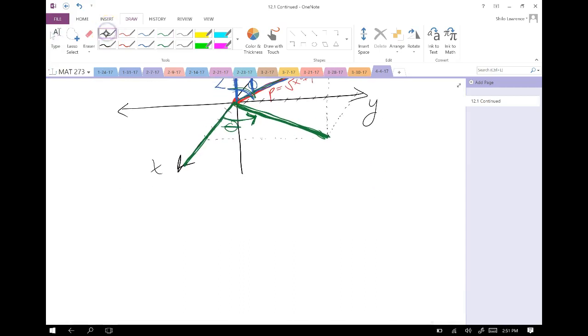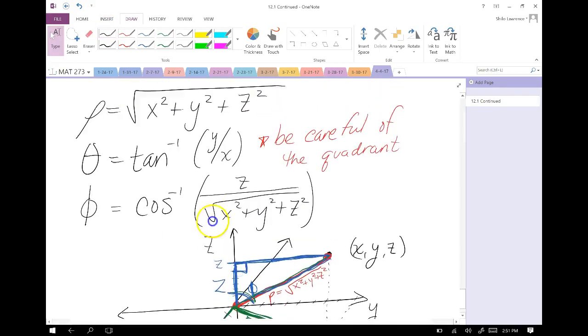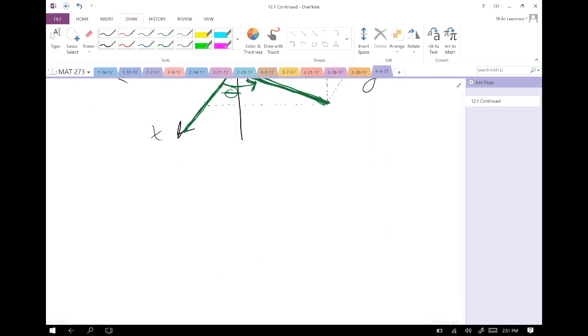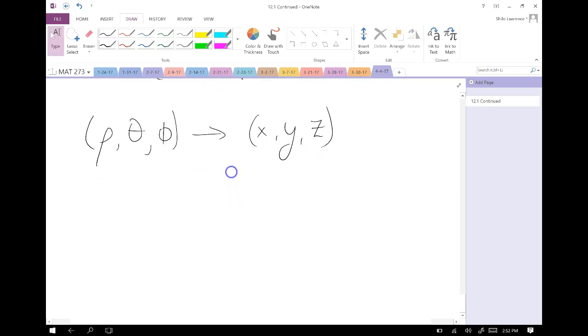To go backwards, so these are to go from XYZ to rho theta phi. If we want to go rho theta phi to XYZ, the formulas are a little bit different. And then we'll have just a few more minutes to try a couple conversions.